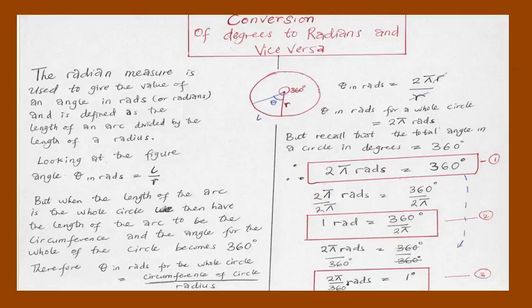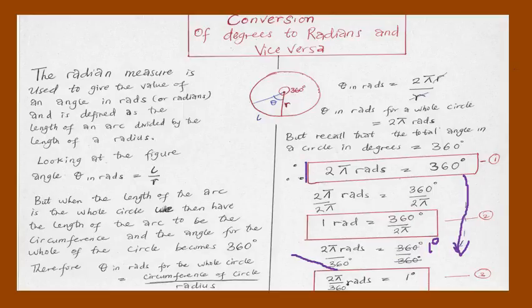How about if we want to express it in terms of degrees? From this first equation, we can divide both sides by 360. Then we're left with 1 degree, so 1 degree equals 2 pi over 360 radians.